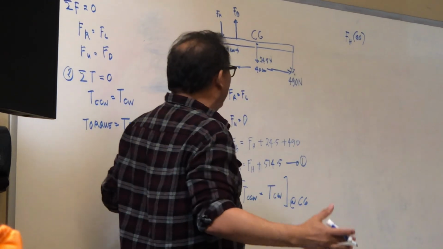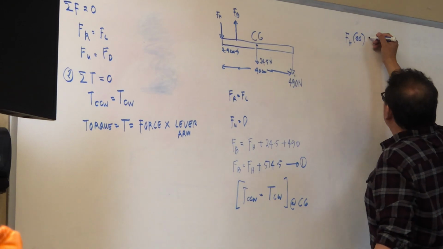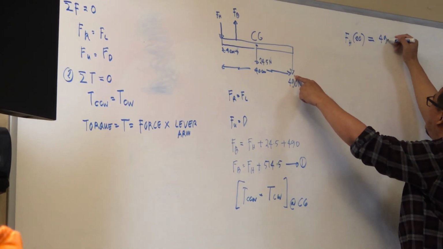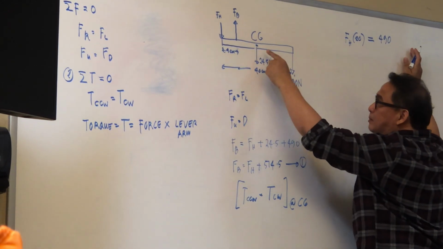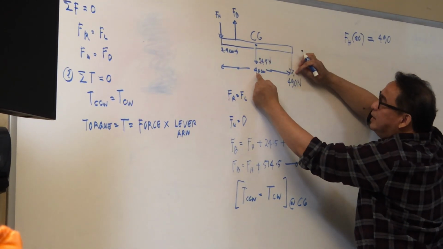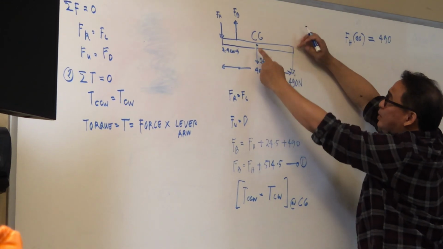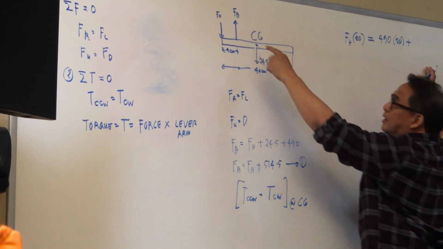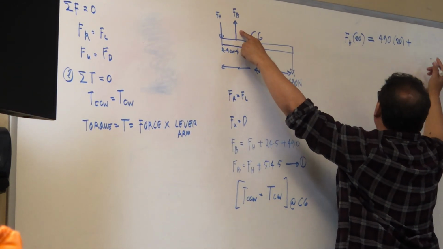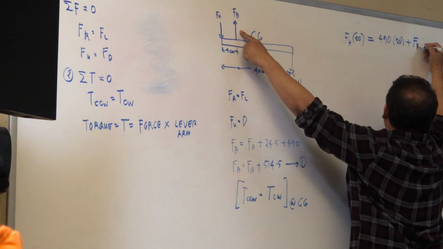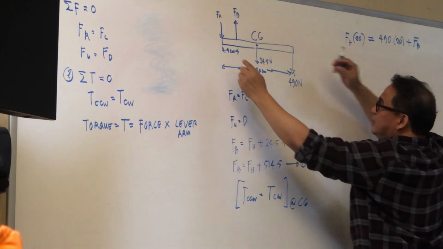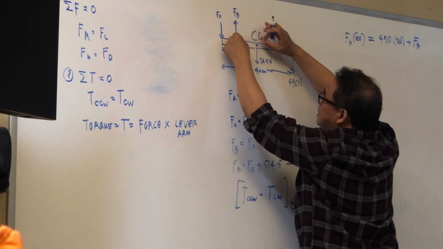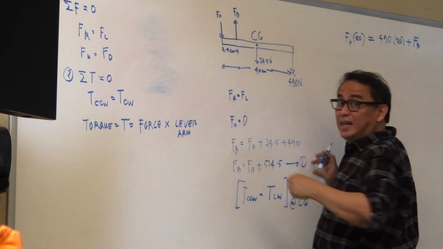It's no longer there. So this is now equal to 490 times the lever arm. The lever arm is just 20. Plus this one here, FB times the lever arm. If this is 20 and this is 4, this should be 20 minus 4, 16.